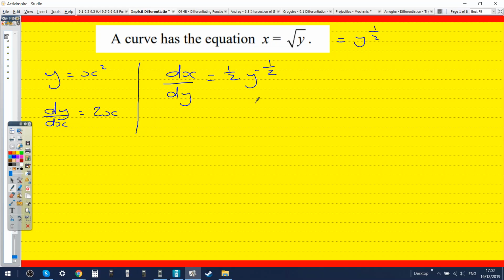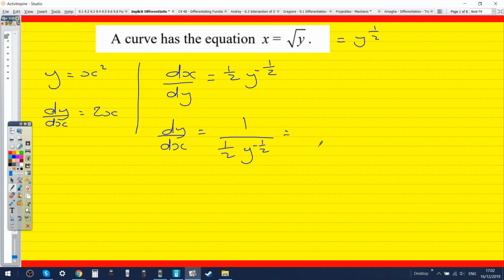And then you could flip both sides and say dy by dx is equal to 1 over a half y to the minus a half.